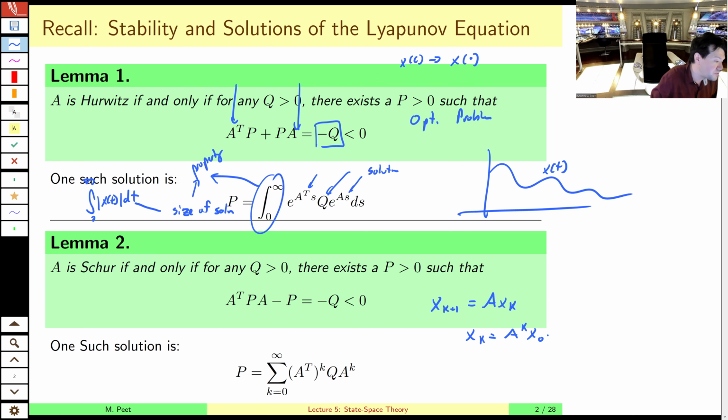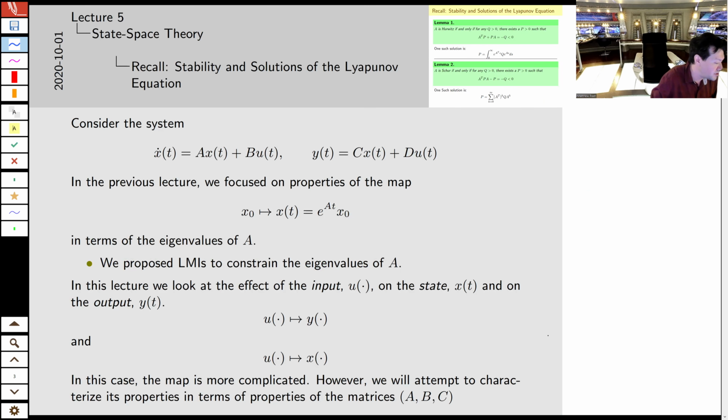So we're going to extend this framework a little bit now to input-output systems. Last time, we talked a little bit about the eigenvalues of A and how those eigenvalues could be represented as system properties using these types of Lyapunov functions.